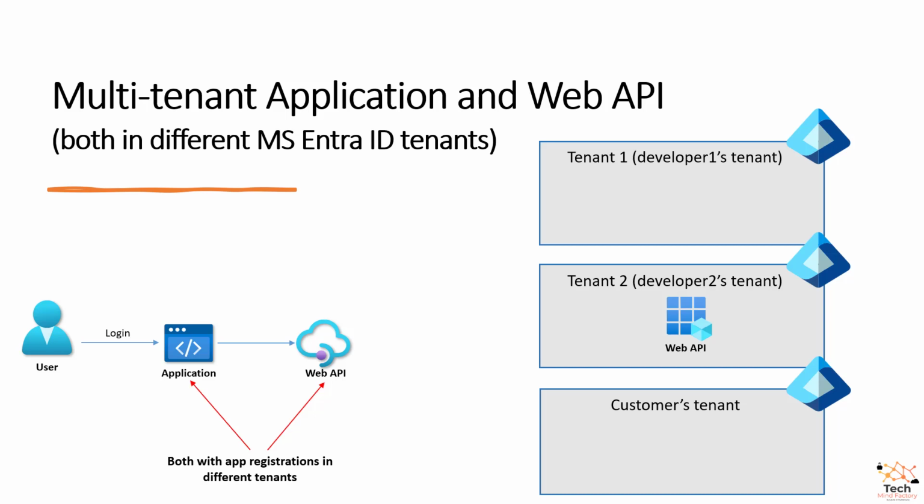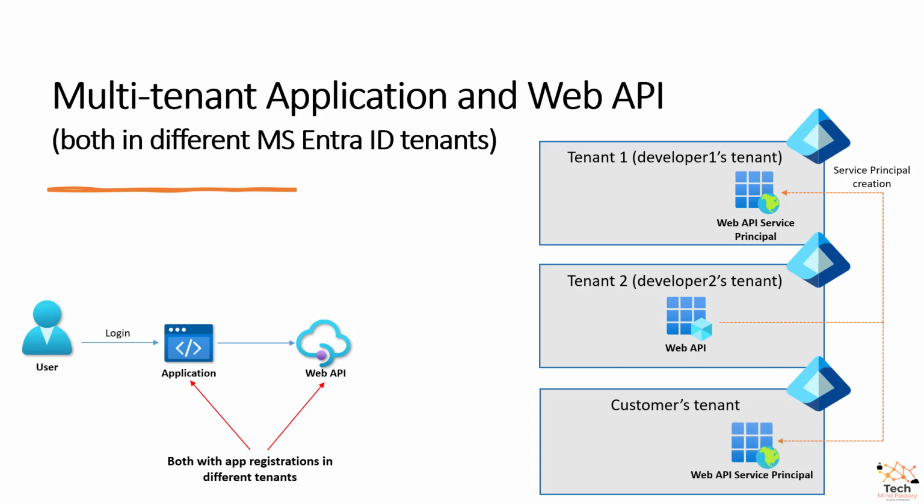Before the application from tenant 1 can call and access this web API from tenant 2, the service principal has to be provisioned in tenant 1, and also in the customer's tenant. Why? Because the app registration for the app is done in tenant 1. So before the application can access the web API, we need service principals to be created for the web API.